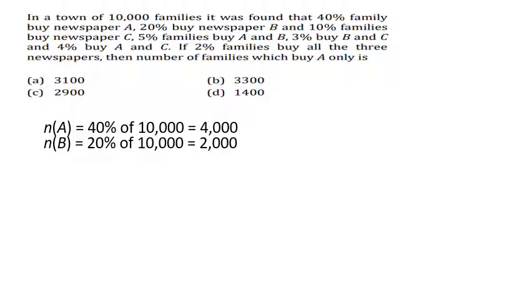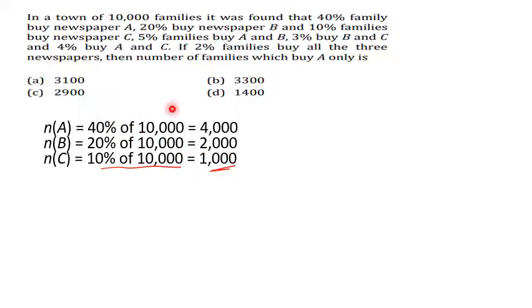Similarly for n of C, 10% of 10,000 is 1,000, that is the people who read newspaper C is 1,000.